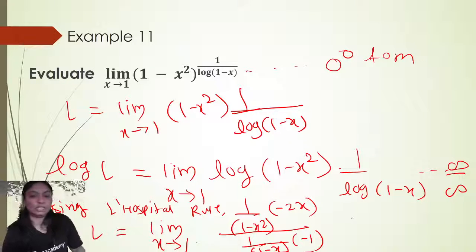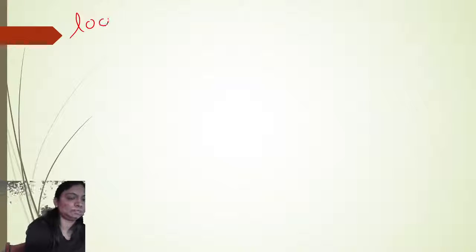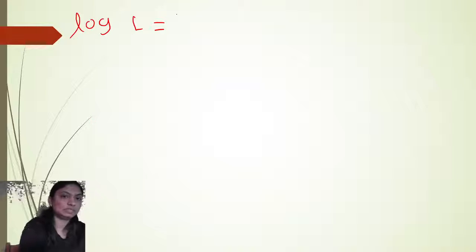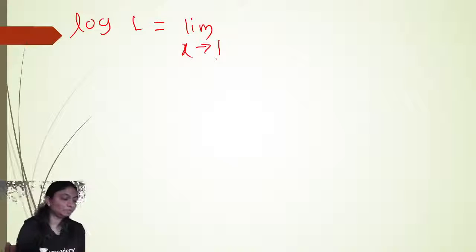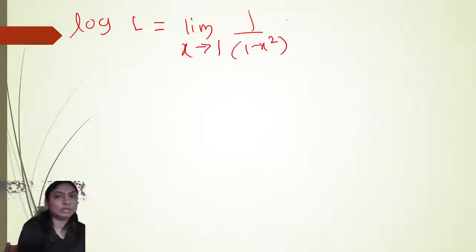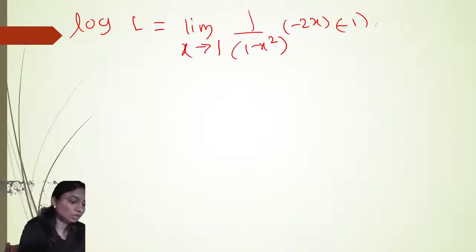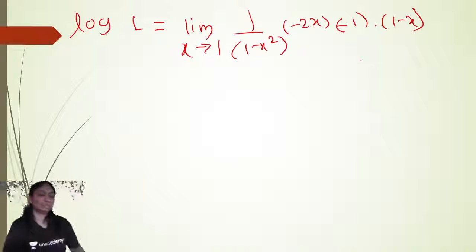This minus and minus becomes plus, so we will get log L is equal to limit as x tends to 1 of 1 upon 1 minus x square into minus 2x, over minus 1 into 1 minus x, right?